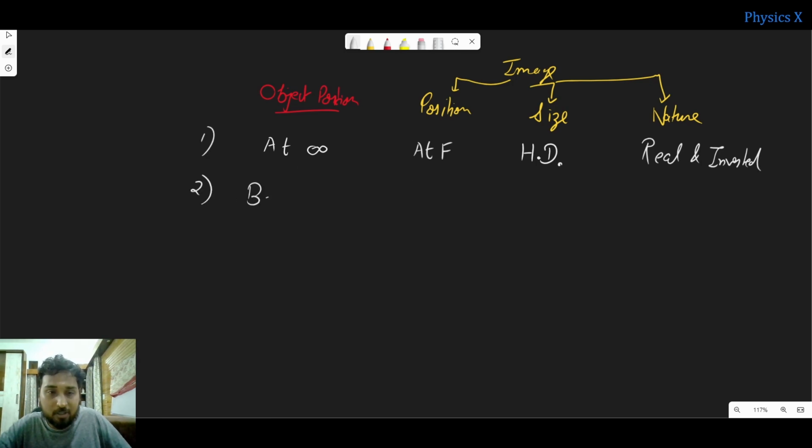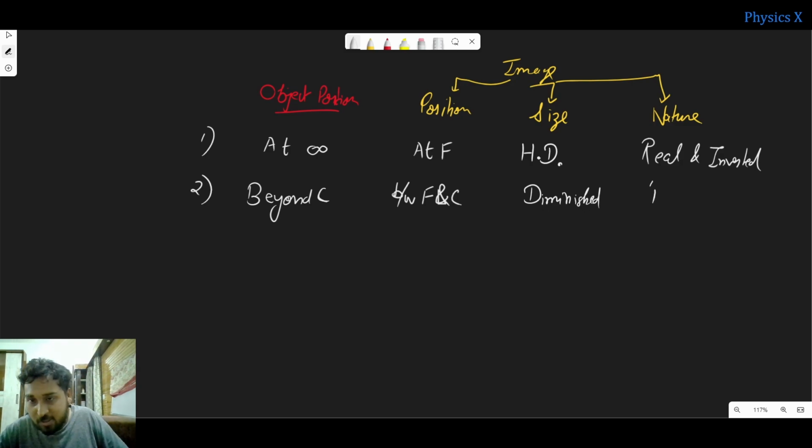Second case, I took the object a bit closer to the mirror, that is beyond C. Then I observed that the image was formed between F and C, and now the image size has increased from highly diminished to somewhat larger, that is a diminished image. Still the nature was real and inverted.